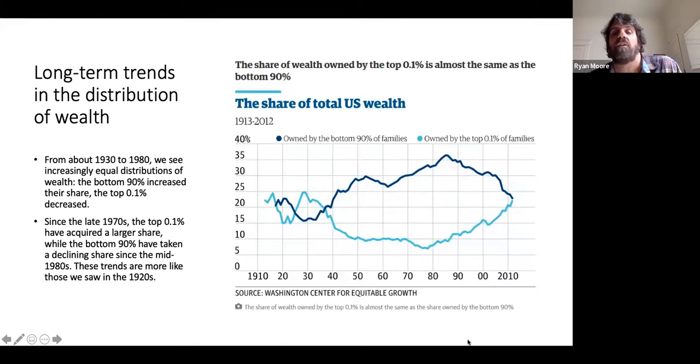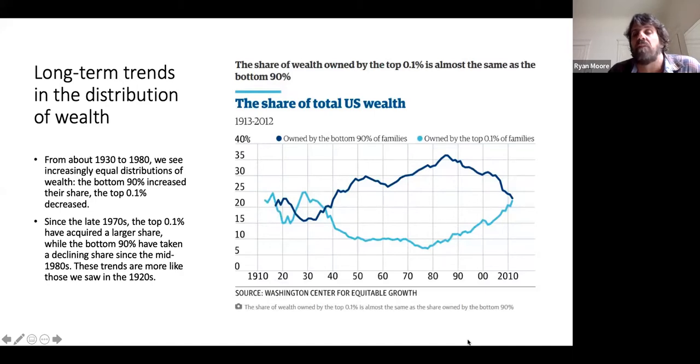And conversely, the amount of wealth owned by the bottom 90%, so the vast majority of Americans, steadily increased, that dark blue line, from 1930 to about the early 1980s.